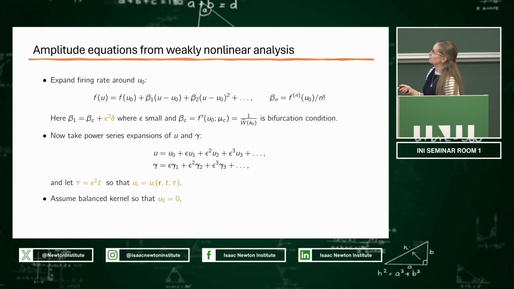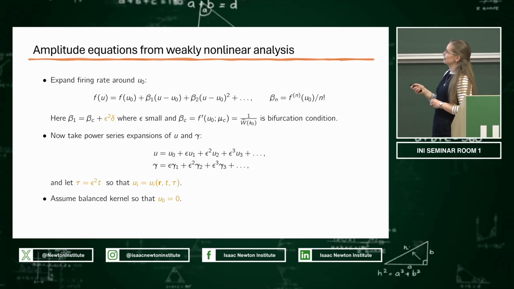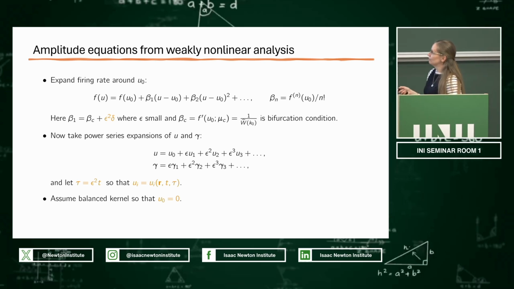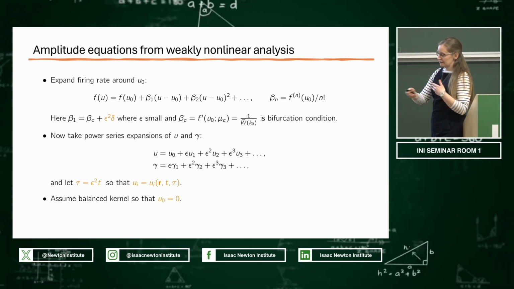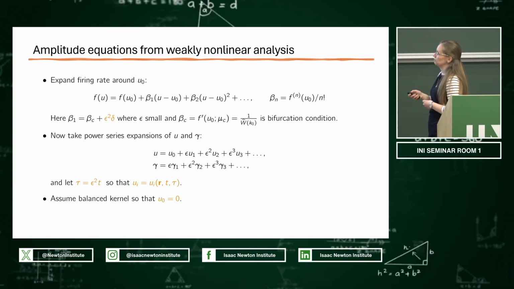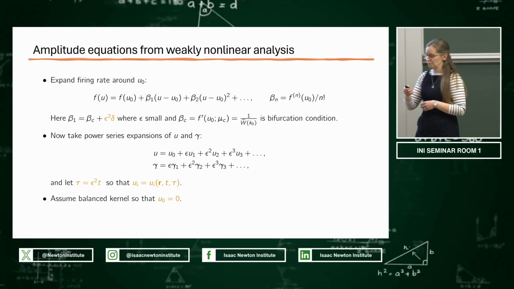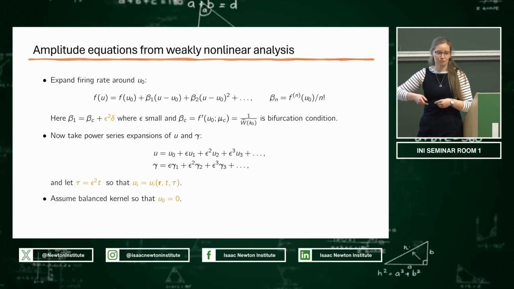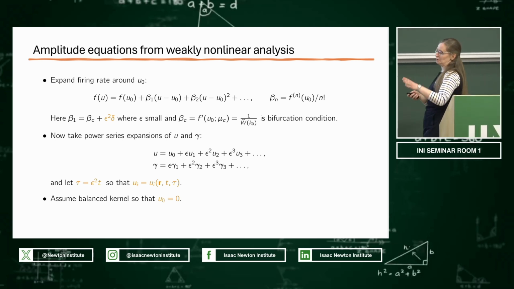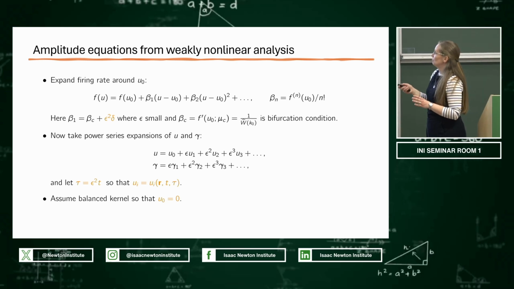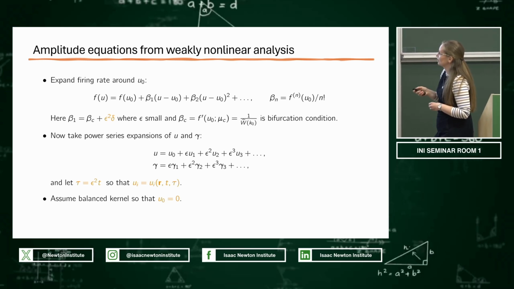You expand your firing rate, and then you take a power series expansion for U and gamma, which is assumed to be small, so we start with an epsilon term. Then we look at slow time scales, and you can also look at long space scales, but I'm not going to put that in the talk today. You can look it up in the paper that I'll show you later. We'll just stick to changing the time scales.